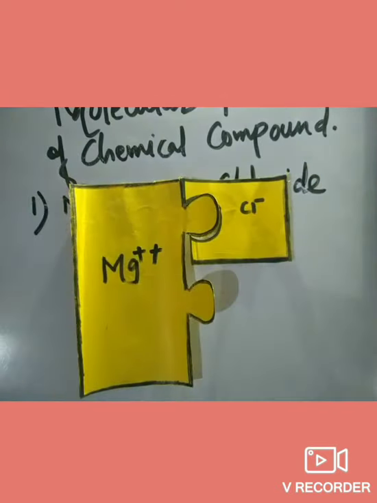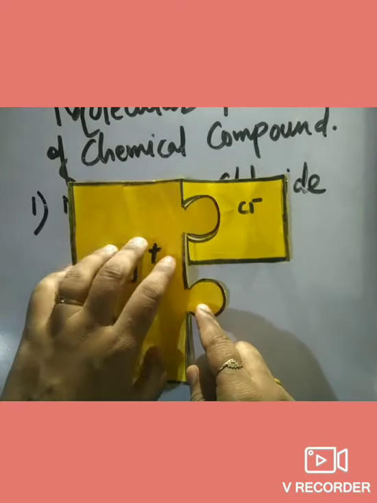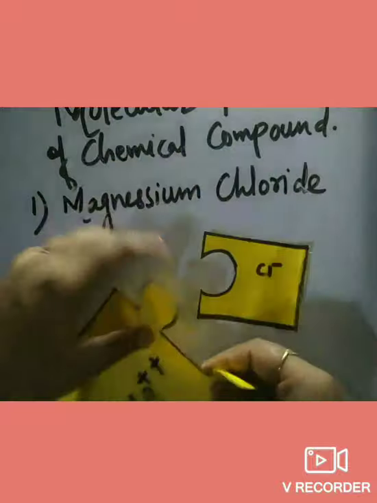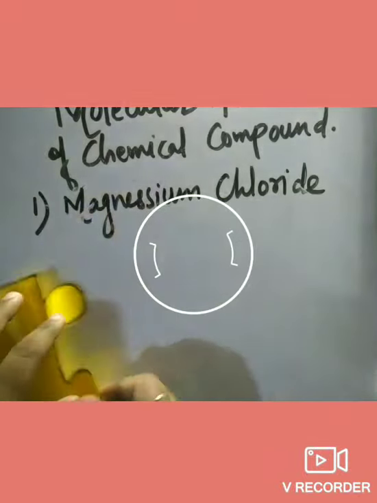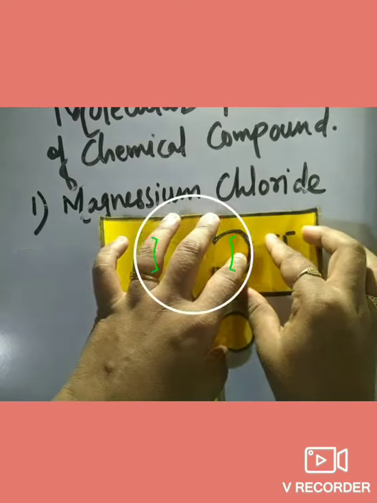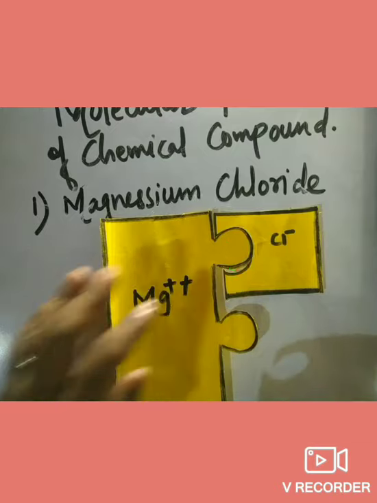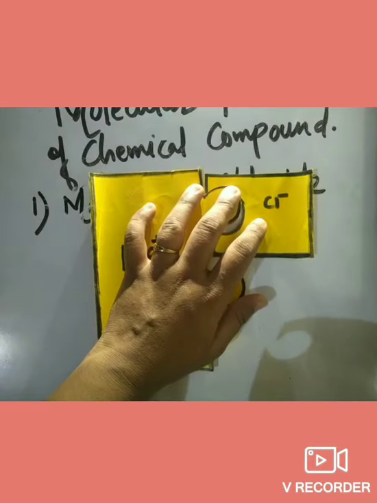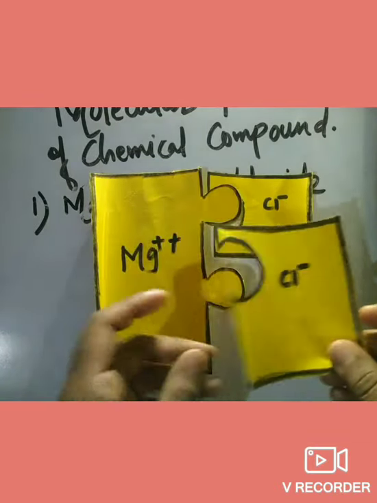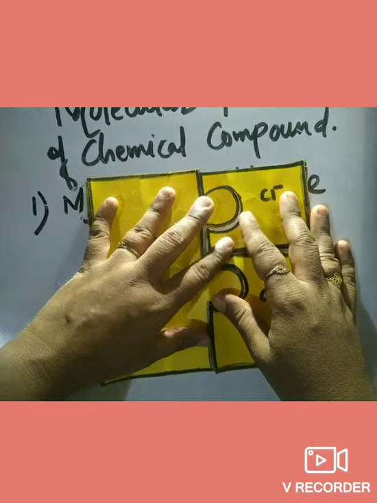But this compound is incomplete. Still one part of magnesium is remaining. One chlorine is not enough to make the compound of magnesium chloride. So I will use one more chlorine, which also has one negative charge, and attach it to the magnesium.